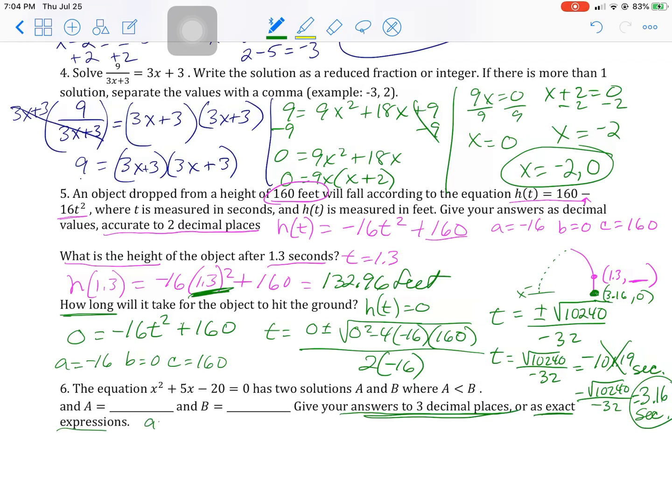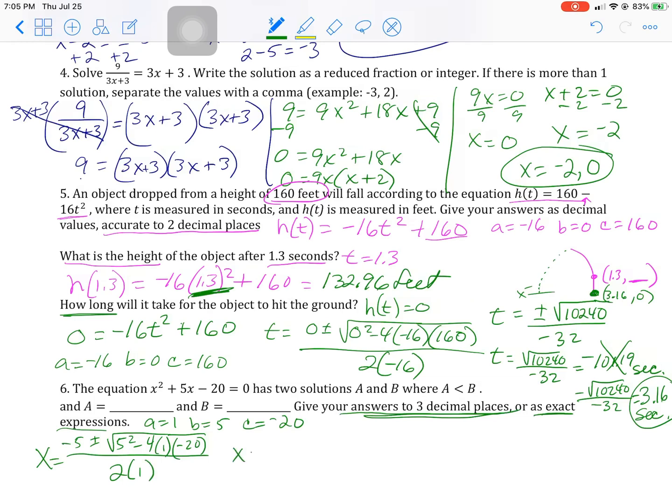quadratic formula. So A is 1, B is 5, and C is a negative 20. Put that sign in there. So this is going to be x equals negative 5 plus or minus square root of 5 squared minus 4 times 1. Get that negative 20 in there.